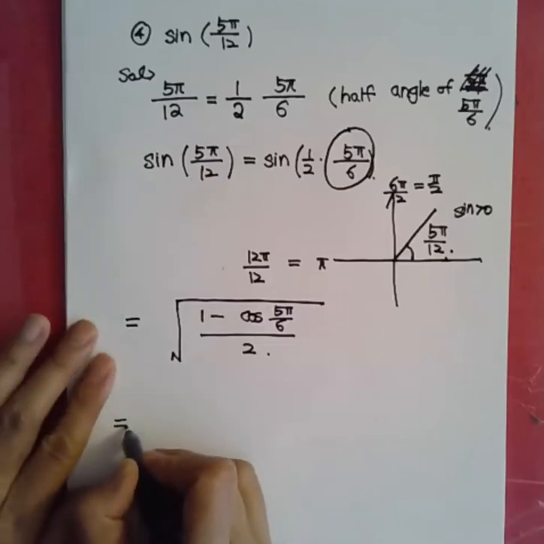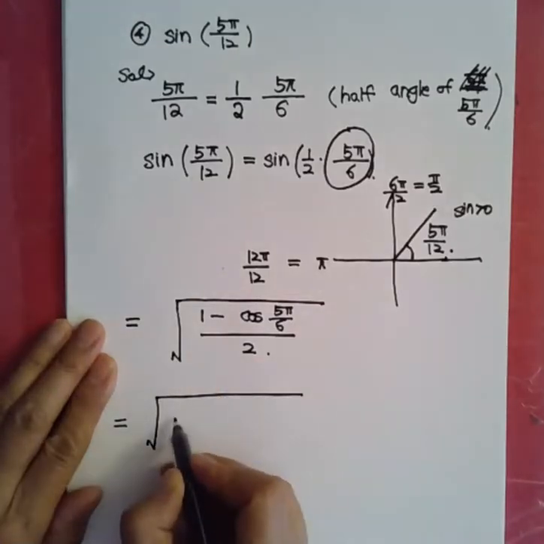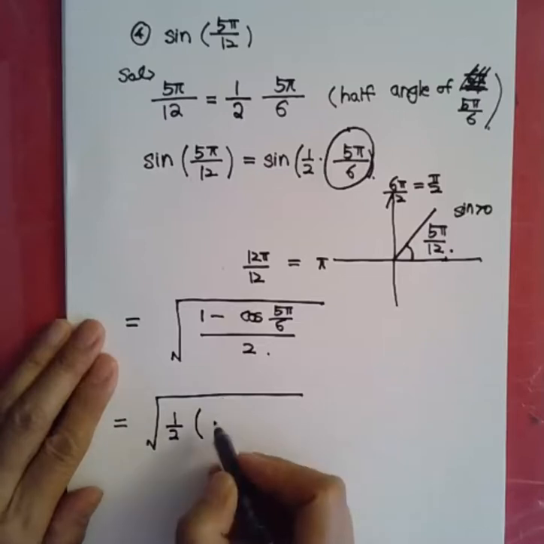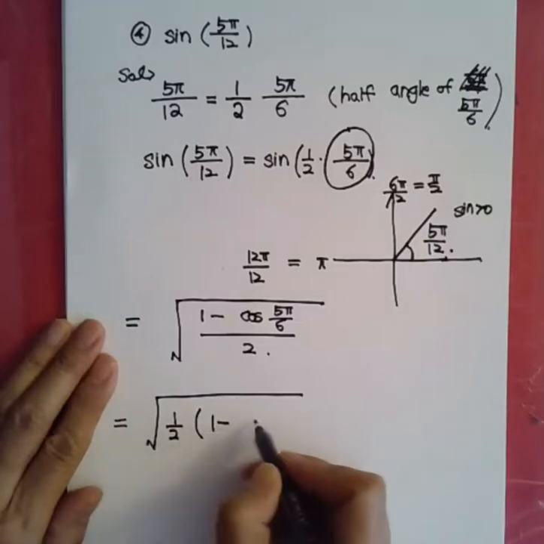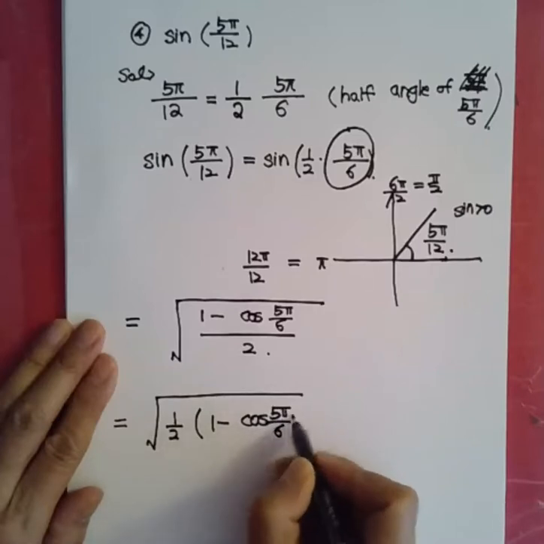We do the same thing. We don't like fraction on the numerator, so we will rewrite the expression as 1/2 times 1 minus cosine of 5 pi over 6.